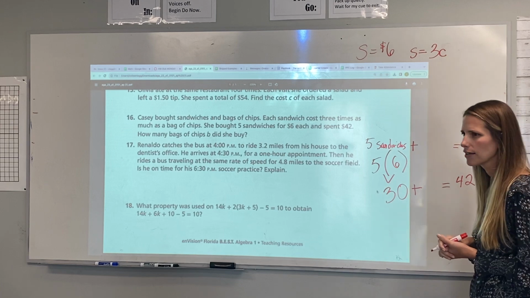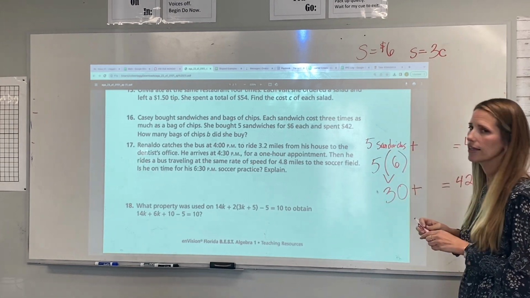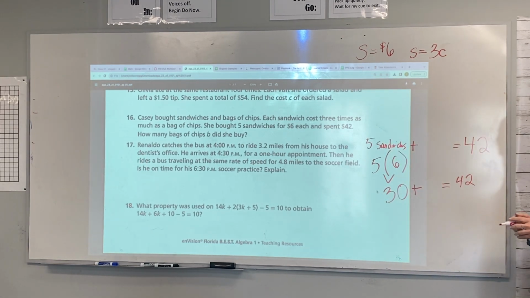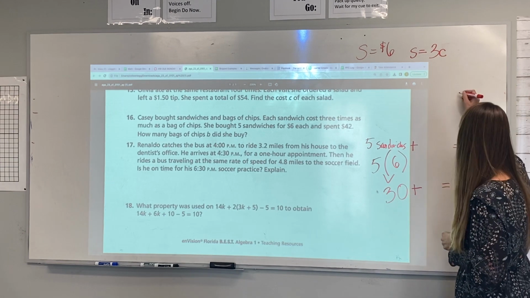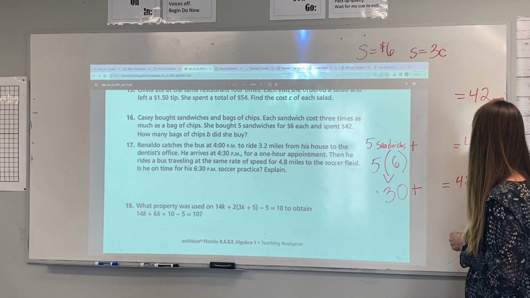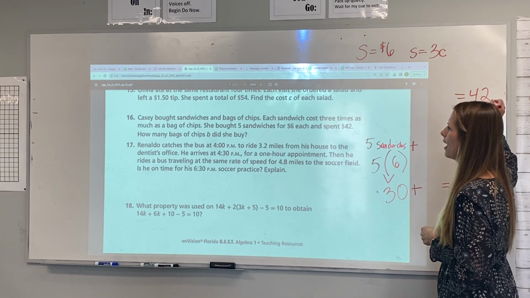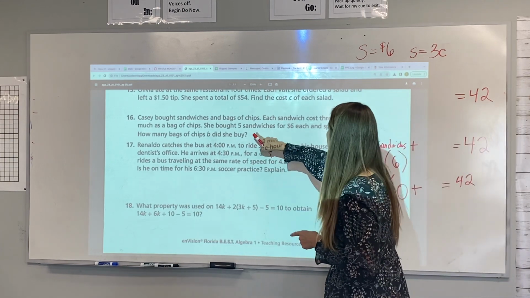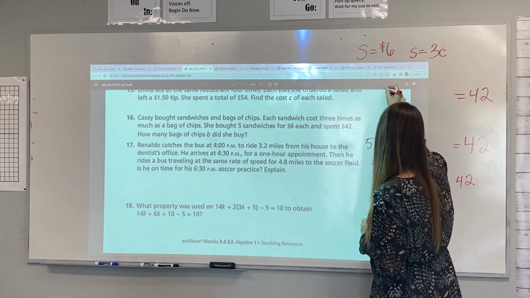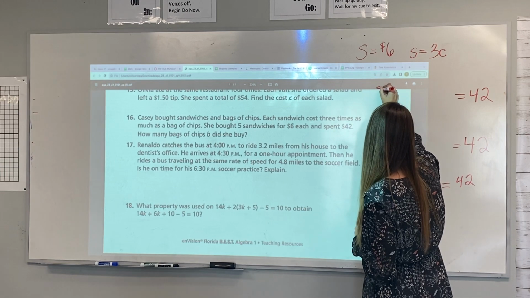Did we already solve the chips? Not yet. Let's back up. Okay, so if she spent a total of $42, and we know that she spent $30 on sandwiches, because the 5 sandwiches are $6 each, right?